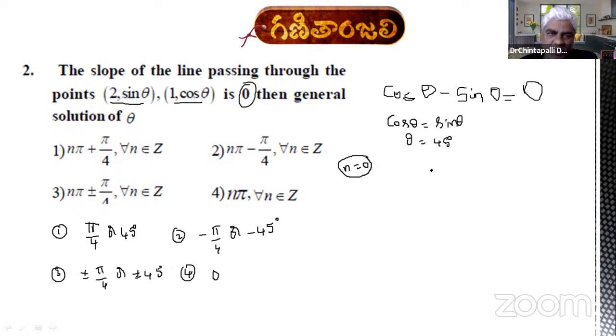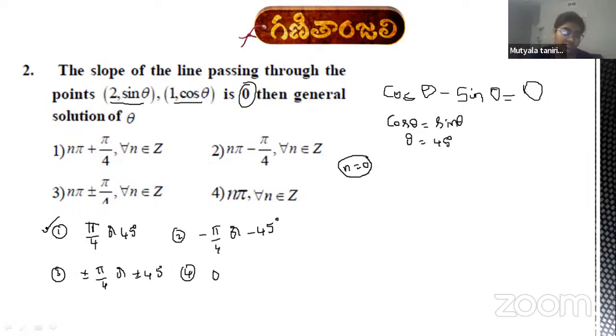Why don't we opt for option 2? Because the angle must lie between 0 and 180 degrees. Minus 45 degrees is not in that interval. Got the point?